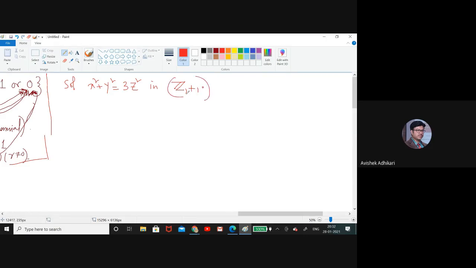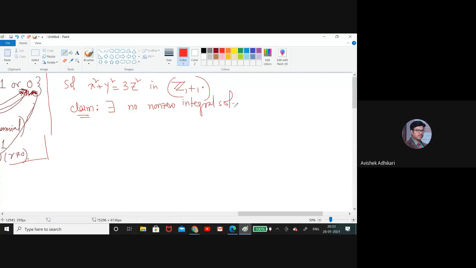Solve in this means all the solutions should be integral, that means they should be integers. Now we have checked already that (0, 0, 0) is a solution, so there exists some solution here. Now my claim is there exists no non-zero integral solution.